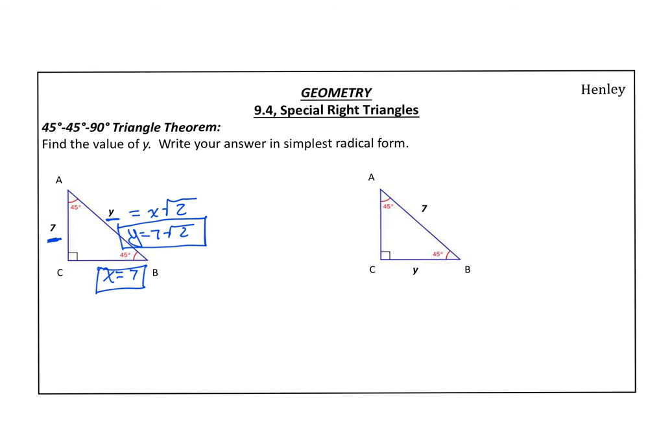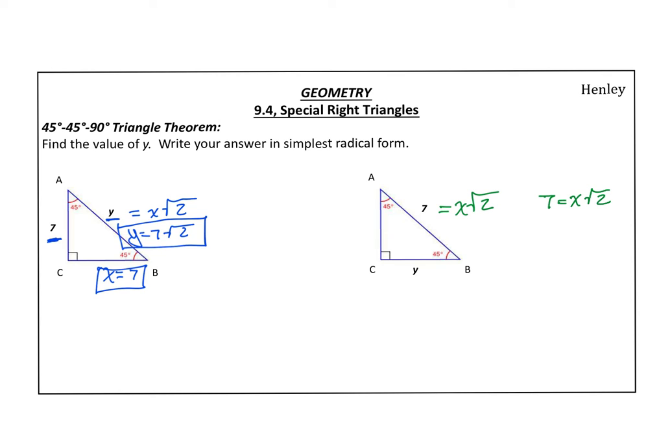Now let's look at the second one. On the hypotenuse side, remember that that side equals x times the square root of 2. So 7 equals x times the square root of 2.